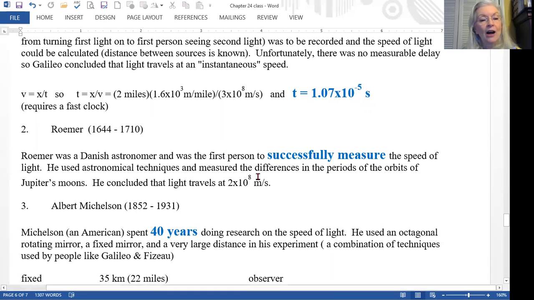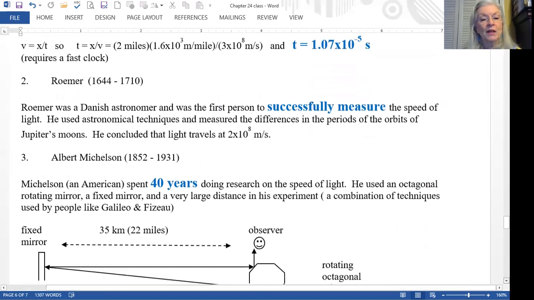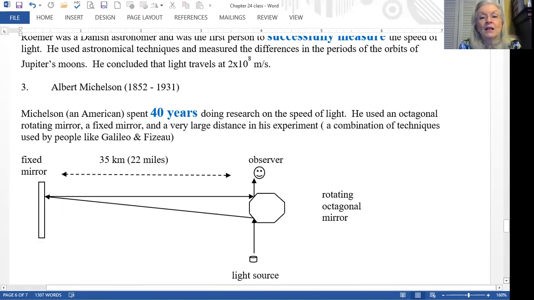Albert Michelson was an American who was famous for spending about 40 years doing research on the speed of light. Michelson looked at what other researchers had used and came up with a sort of hybrid model of theirs.